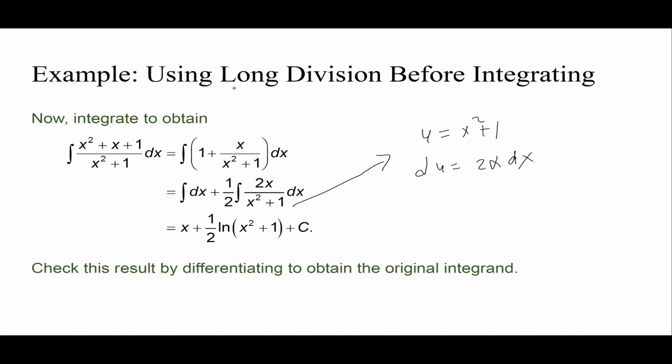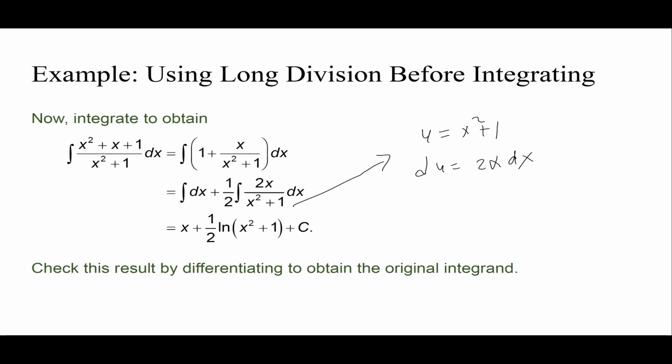So to replace this 2x dx by du, we're just making this 2x on the top. By doing that, this problem will change into 1 over 2 times du over u.